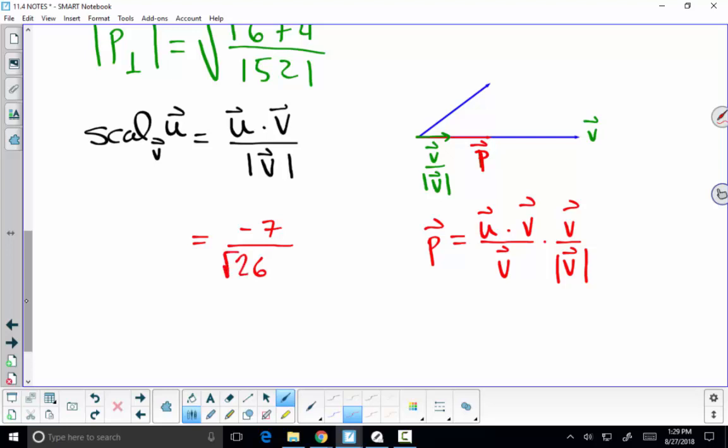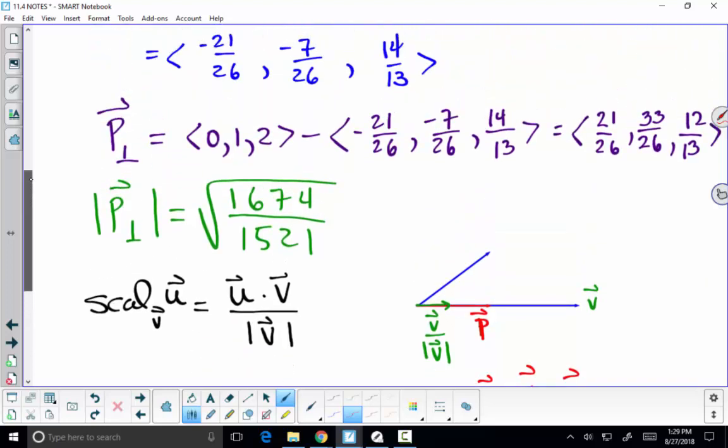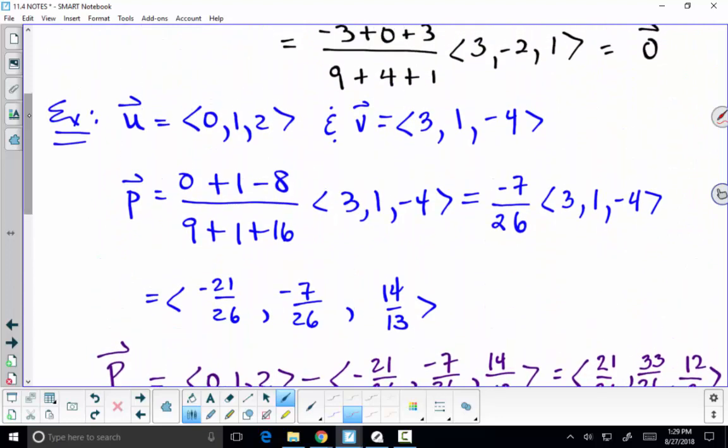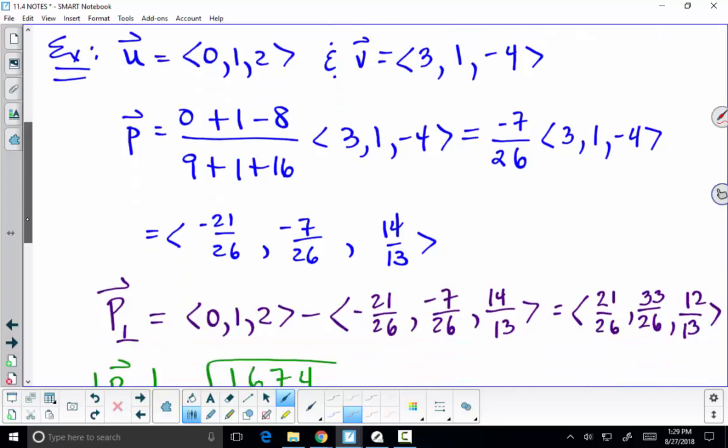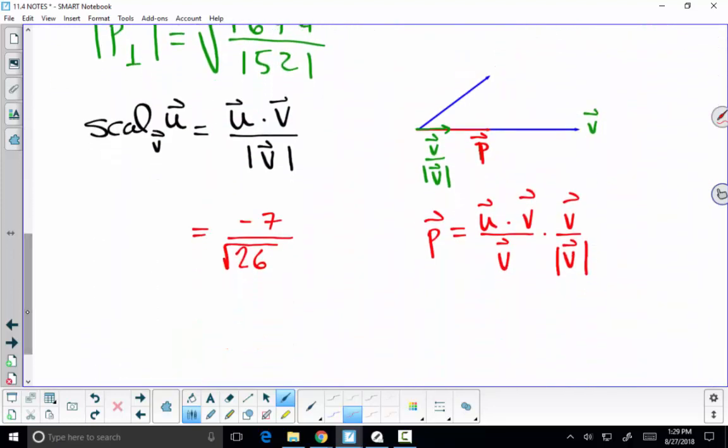So if we go back up to v, to find this would be 9 plus 1 plus 16, so square root of 26. Oh yeah, we did find that down here. So that is the scalar component of u in the direction of v.